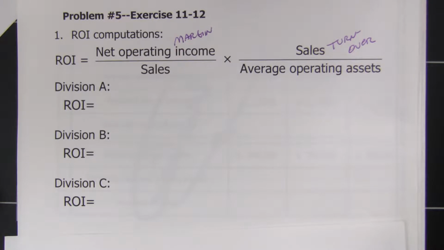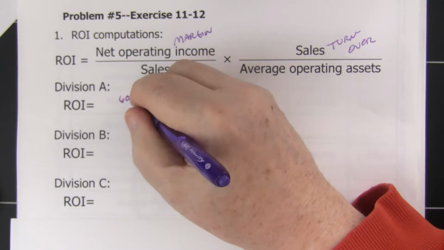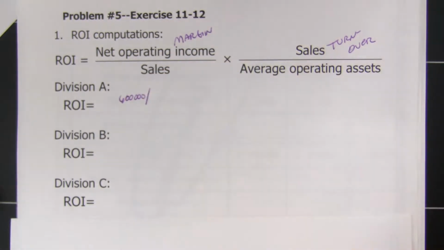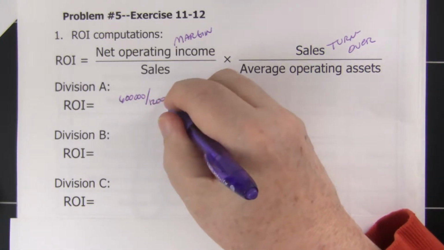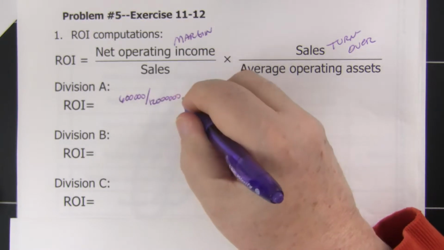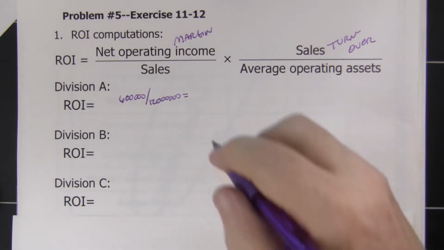So Division A has operating income of $600,000, and their sales is $12 million. So that gives them a margin of 5%.